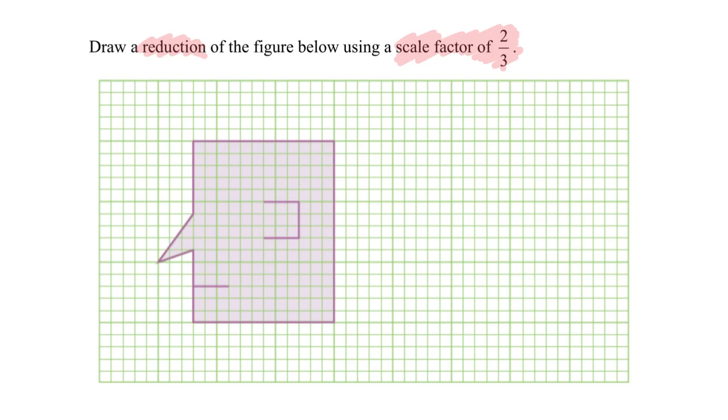So we always start off by calculating the number of lengths and getting them reduced. In this case, I would have 12 small squares here. This translates to 12 times 2/3. I will have 8 squares.